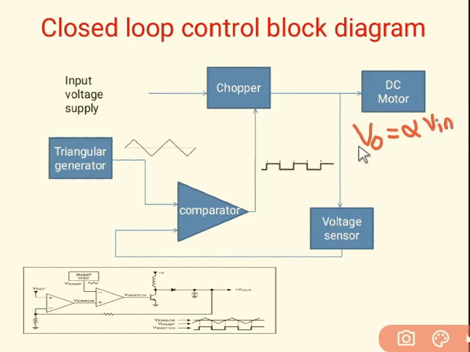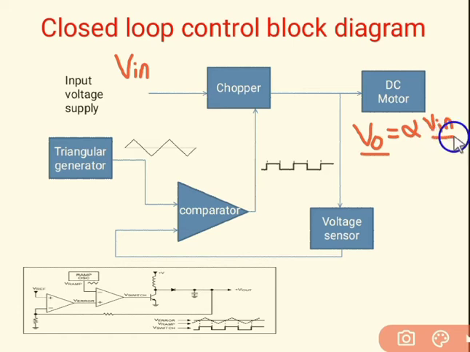So the output voltage is a function of the duty cycle and the input voltage. Here input voltage is V in, which is given to the input side of the chopper.